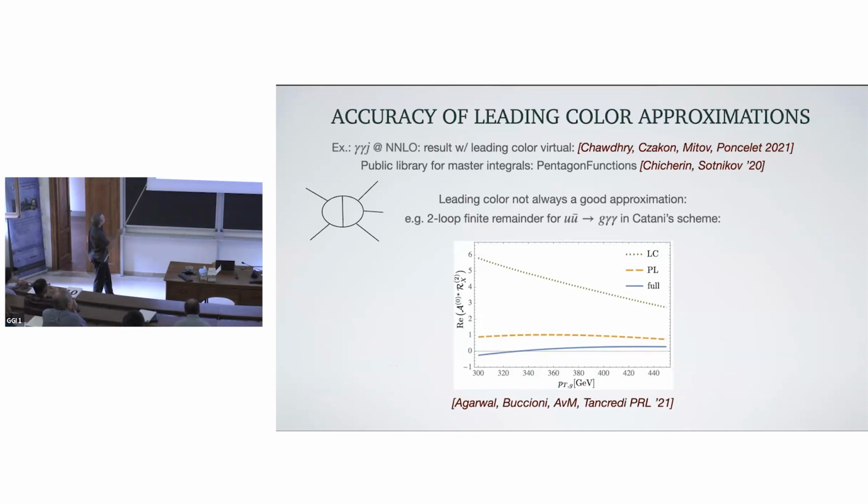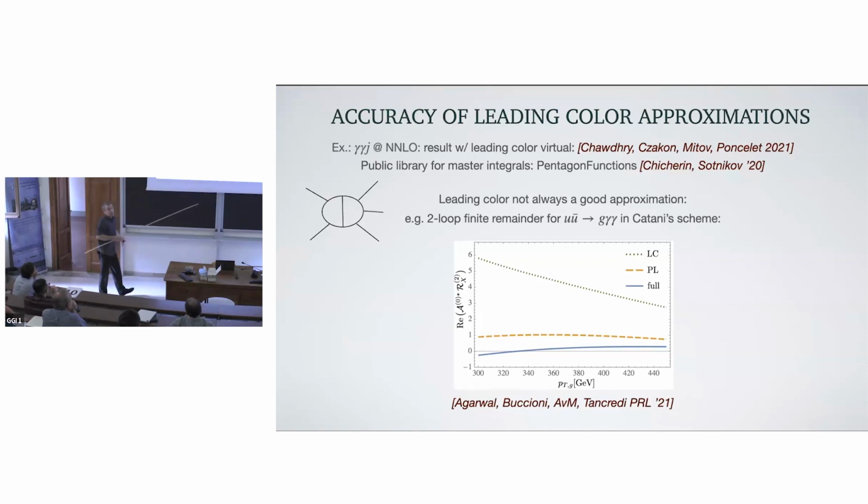So here I'm showing an example from a calculation for diphoton plus jet production, where you see the finite remainder, or rather the interference of that with the tree, integrated over everything except for the pT of the final state gluon. You see here the leading color approximation in comparison to the full result.